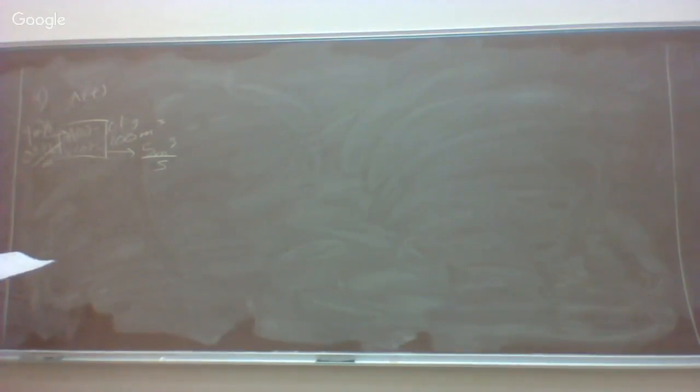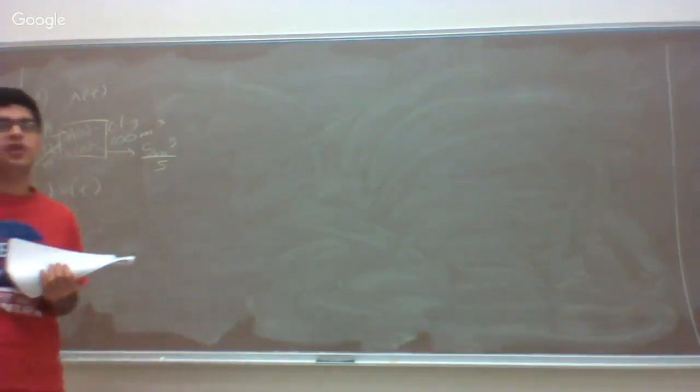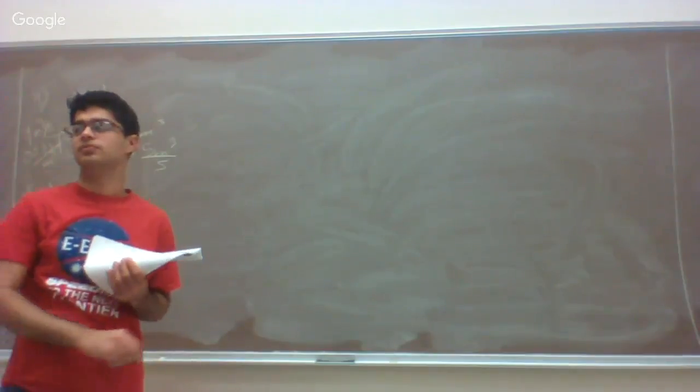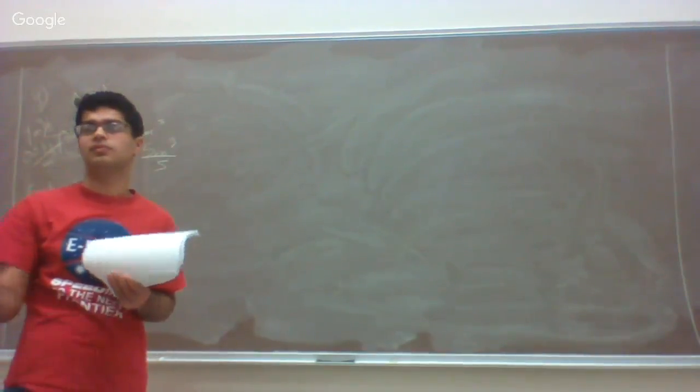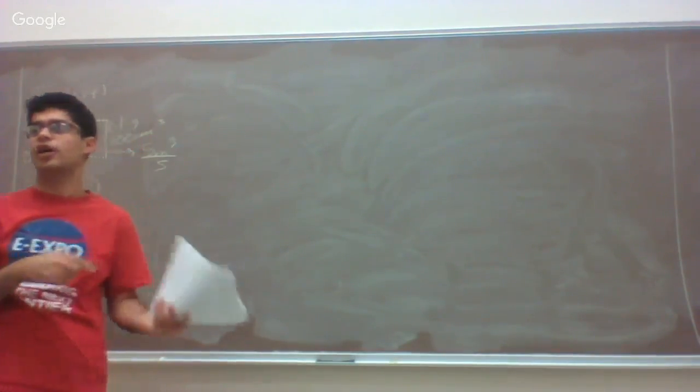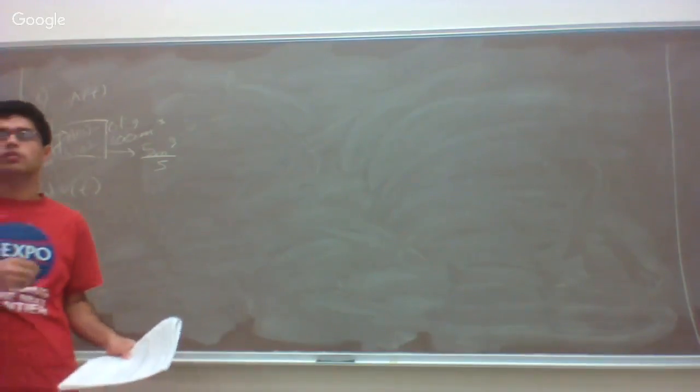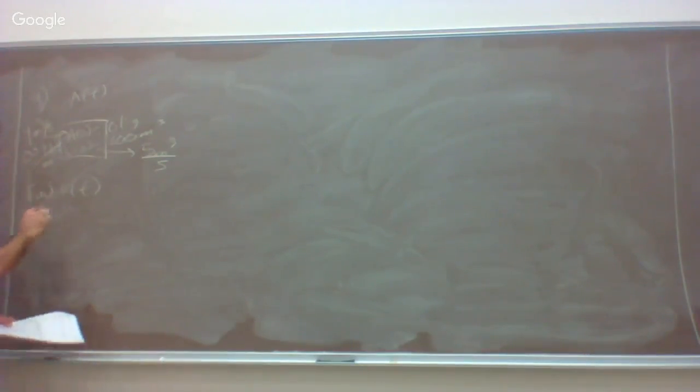But we have a change in volume in this, right? So the first thing that we do if we have a change in volume is we have to find V of t. How do we know that we have a change in volume? Yeah, because the input and the output rates are different. Since they're different, we need to find the equation for volume.